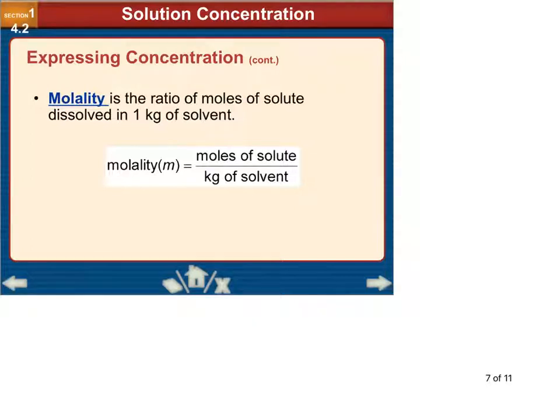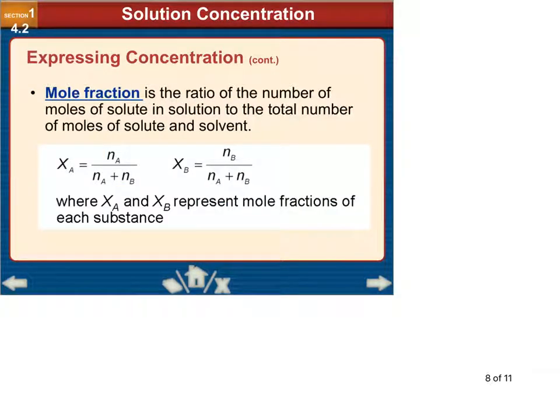Molality: moles of solute divided by kilograms of solvent. Molality, as we do some colligative properties, will become very important, but molarity is used a lot more in just expressing concentration of a solution.